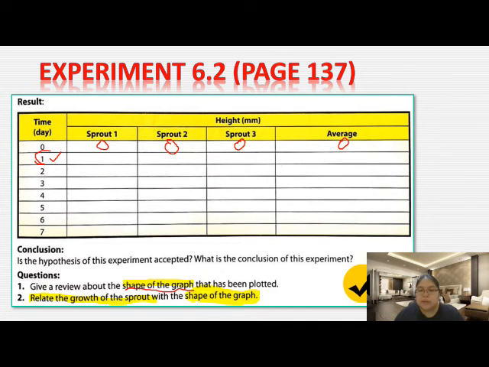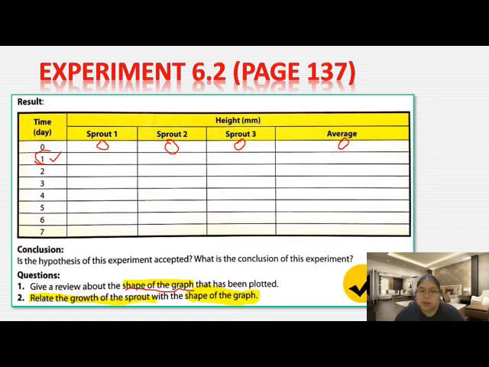You can say about the graph, when starting how, day 2 until day 5 how, then 6 to 7 how. This is related to the sponge, that means the bean, with the shape of the graph. You need to do this inside your foolscap paper. This one is one of the PK.